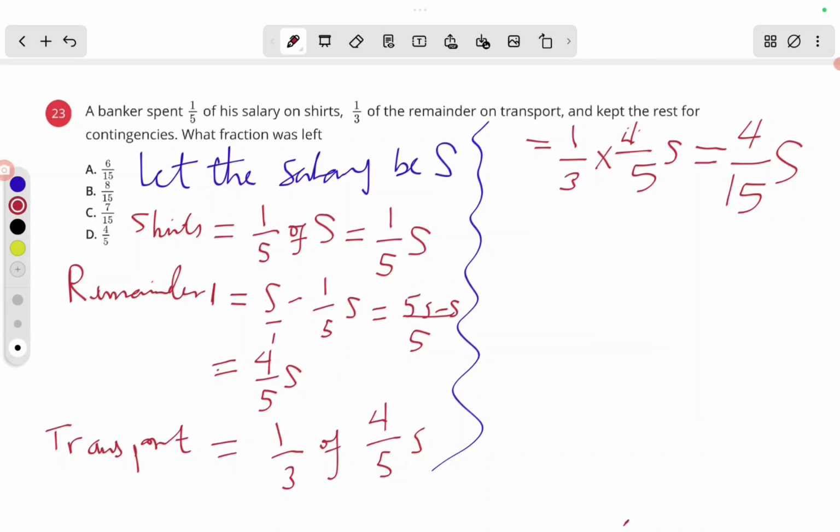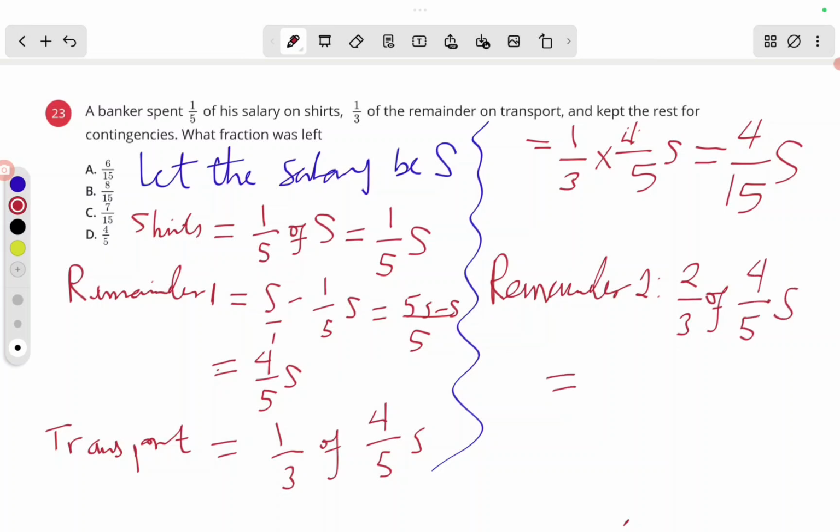So to get the remainder now, that will be our second remainder. It's going to be 2 over 3 of the first remainder, which is 4 over 5x.